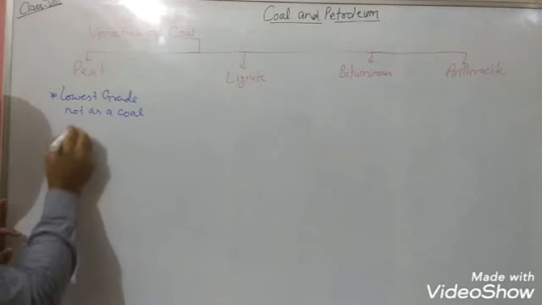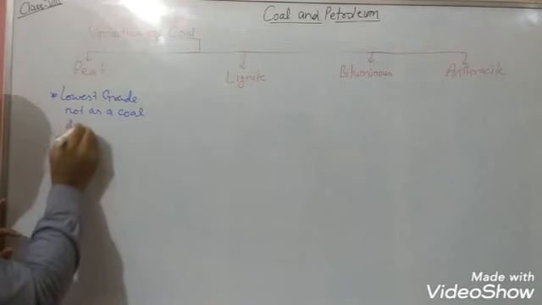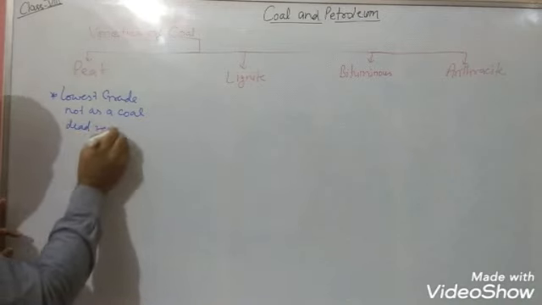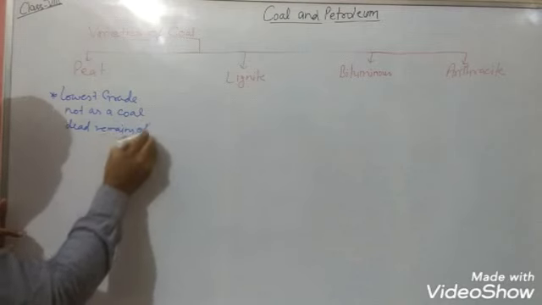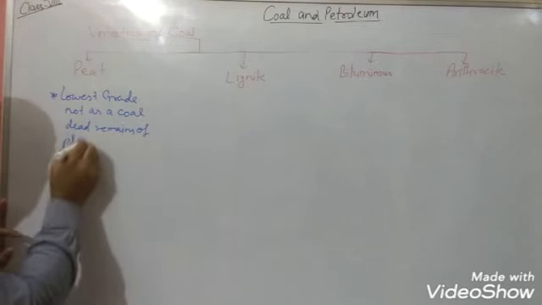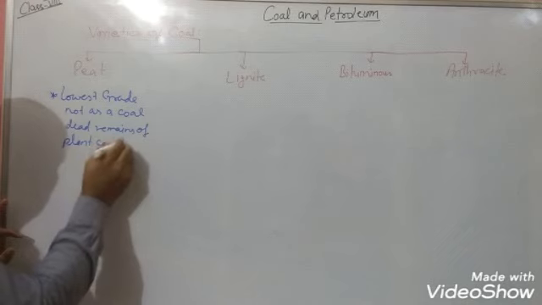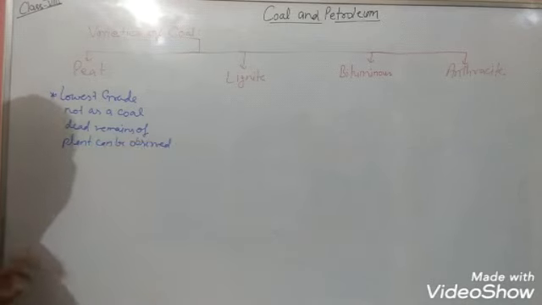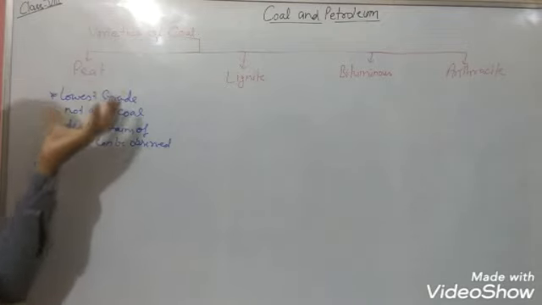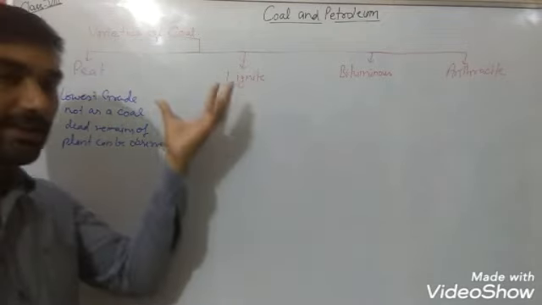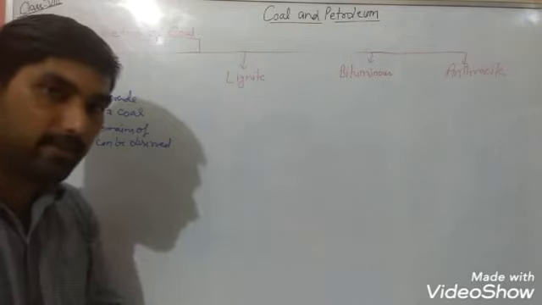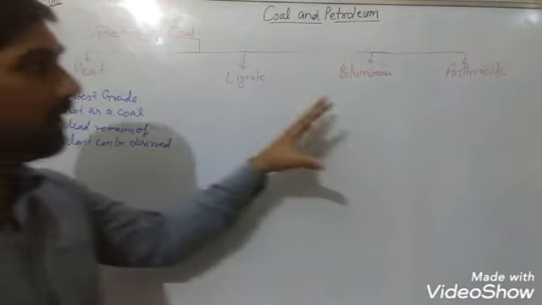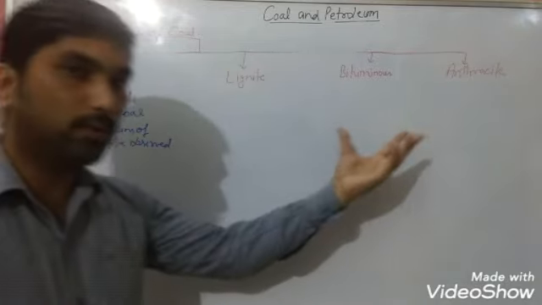Because in it dead remains of plant can be observed. So it is the lowest grade of the coal, means it is in the initial stage when it is going to convert into the best quality of coal.